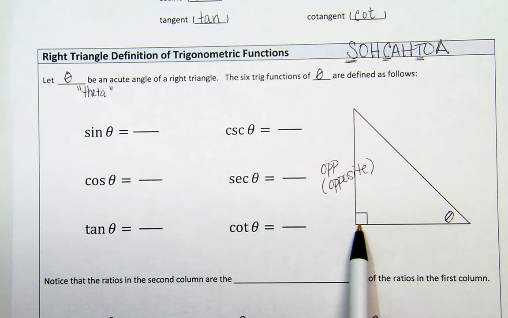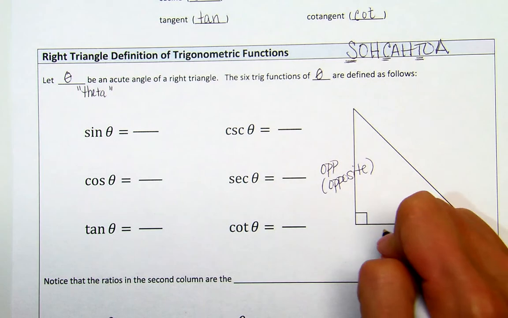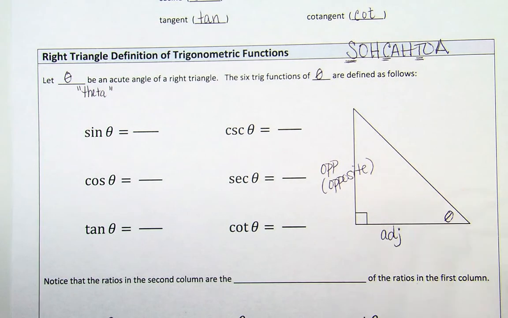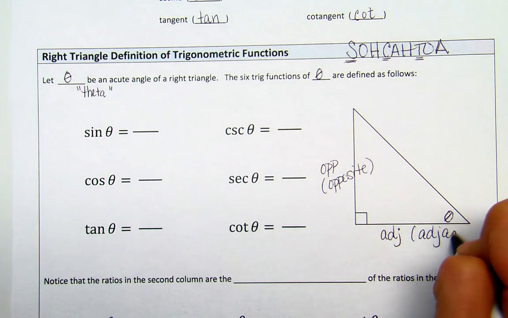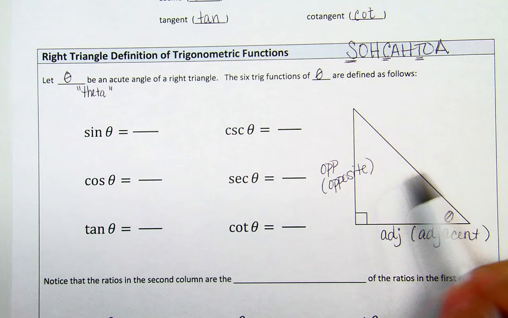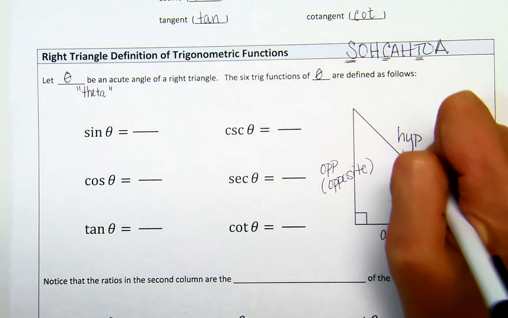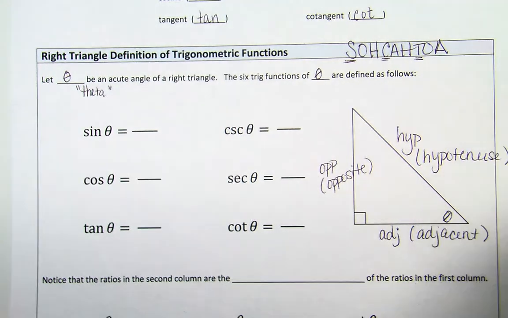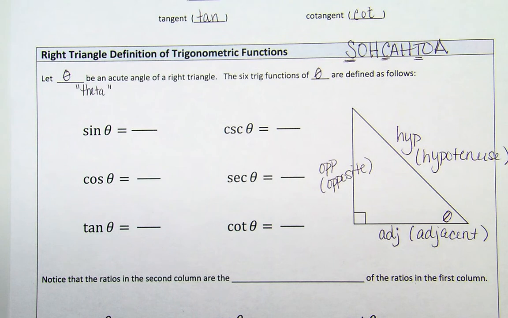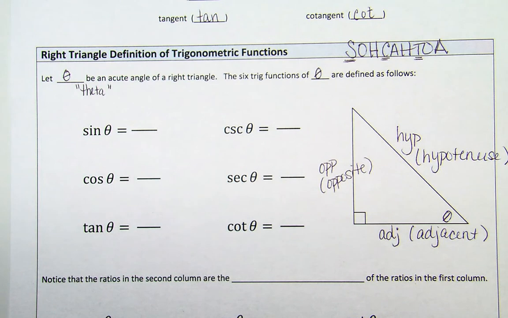The side that actually forms part of the angle of theta is called your adjacent side, and we're going to abbreviate it as ADJ. This is your adjacent side. And obviously your hypotenuse, which we'll abbreviate as HYP. It's always the side that is opposite of your 90 degrees of your right triangle. So these 3 sides in relationship to theta have meaning for our 6 trig functions.